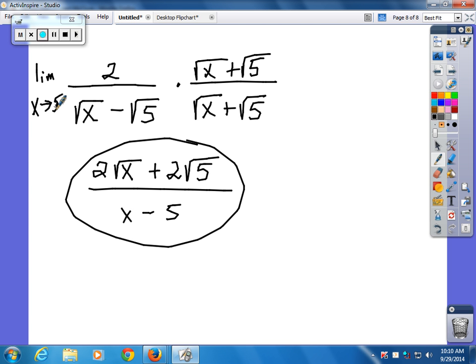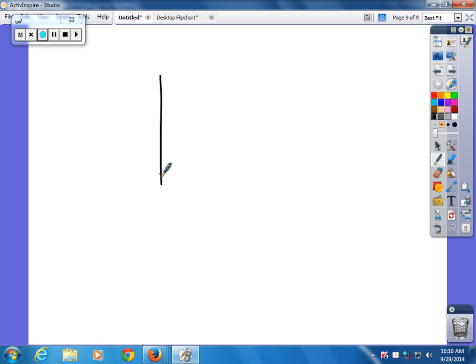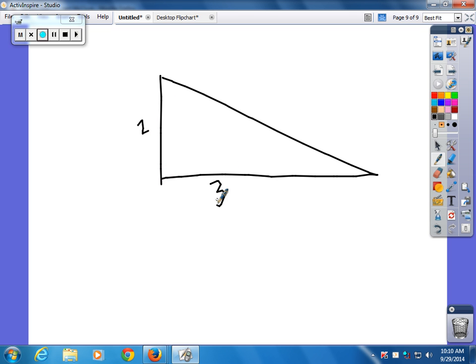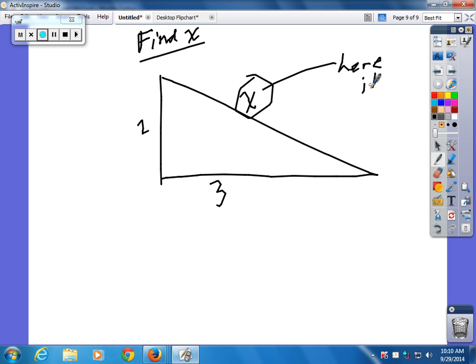And in calculus, always remember this. Nothing is simple in calculus. All right? If I put, y'all ever seen this, on the internet? And the directions say find x, and the student goes, here it is.